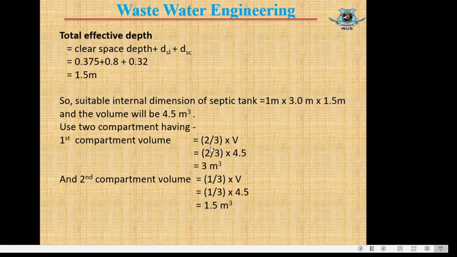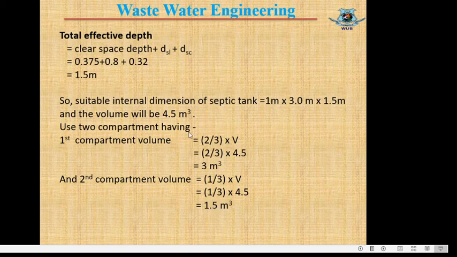If we use two compartments, then the volume of the first compartment will be two thirds of the total volume and the volume of the second compartment will be 1/3 of the total volume. This was stated in the design procedure which I described in my last lecture. So the first compartment volume will be two thirds of the total volume V equal to 4.5 meter cube, which stands at 3 meter cube, and similarly the volume of the second compartment is 1.5 meter cube.